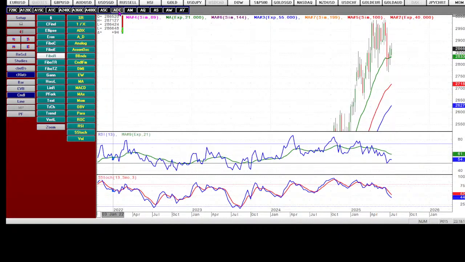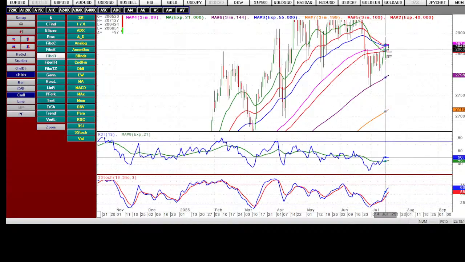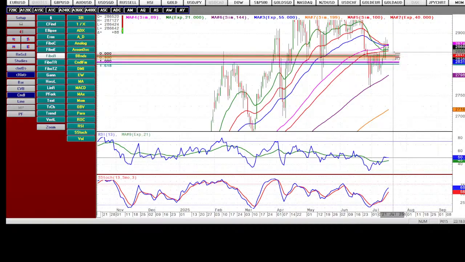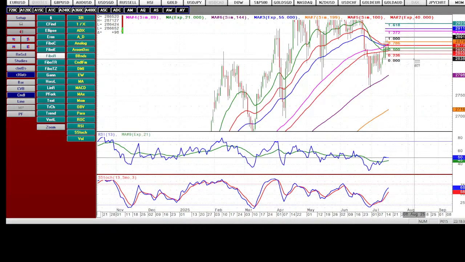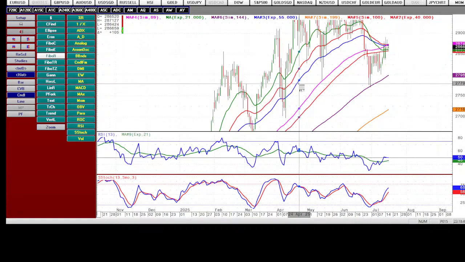So if that's the case, we will try to go for a buy at 2840. Okay, 2840 for the weekly buy, and the target should be extension of this level, which is 2905.